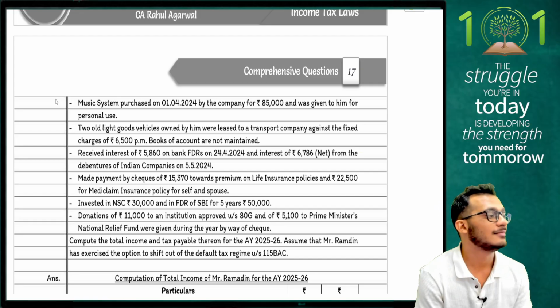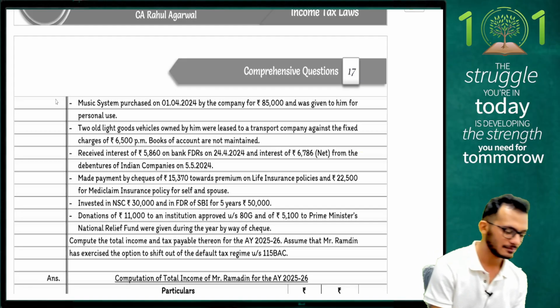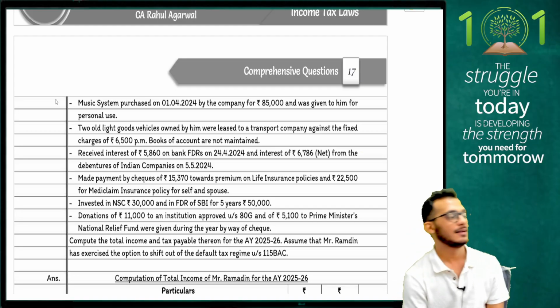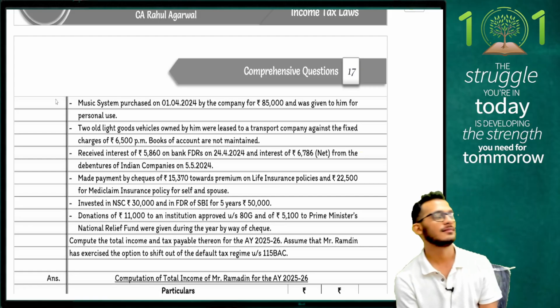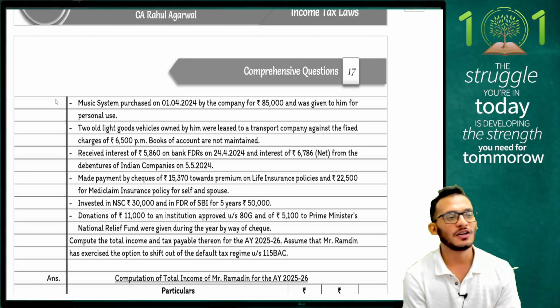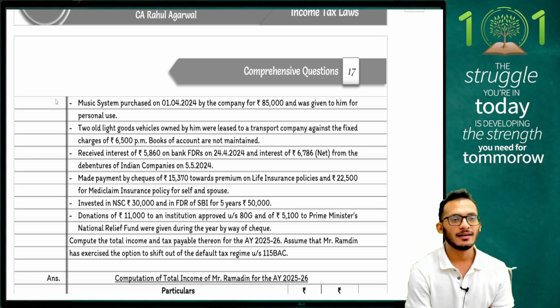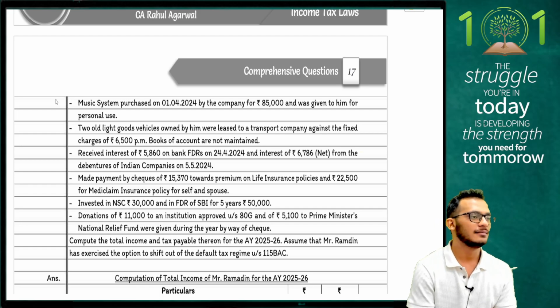Assuming we are purchasing it in the starting, are you selling it or just using it? Just using it is not taxable. Use of movable assets will be checked for owned or hired. If owned, 10% of cost; if hired, the higher charges.